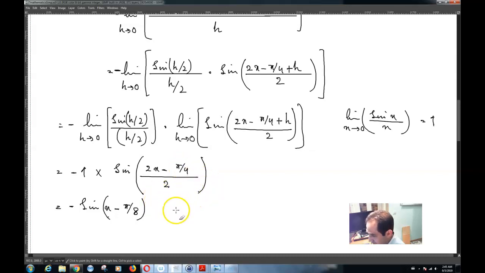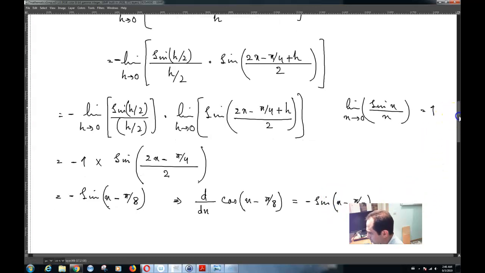So that means that d by dx of cos of (x minus pi by 8) is equal to negative sine of (x minus pi by 8).